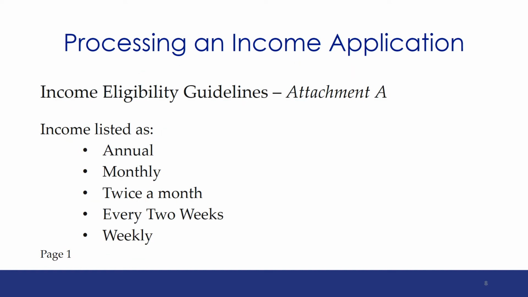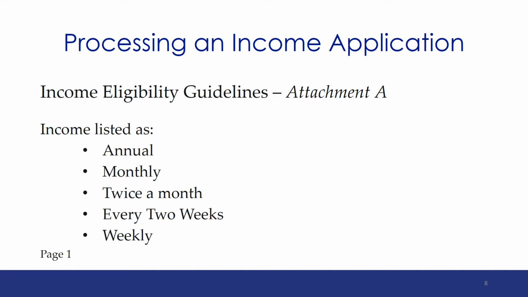Processing an income application requires the use of attachment A, the Income Eligibility Guidelines, which is page 1 of the handouts. This is the chart school districts use to approve households for free or reduced price meal benefits. Income amounts are listed as annual, monthly, twice a month, every 2 weeks, or weekly for the free and reduced guidelines.